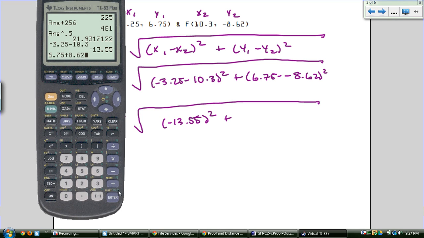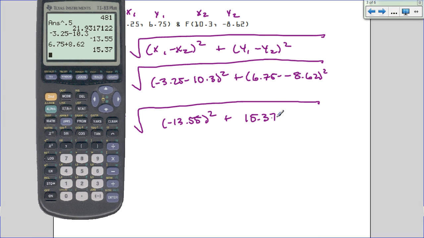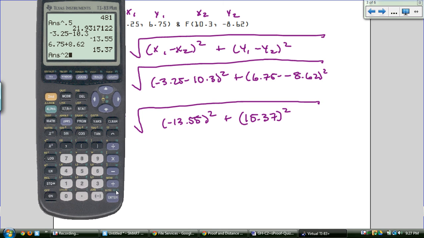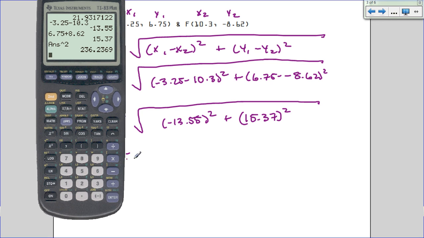So if I square 15.37, I'll end up with 236.2369. And if I square 13.55, I'll end up with 183.6025.